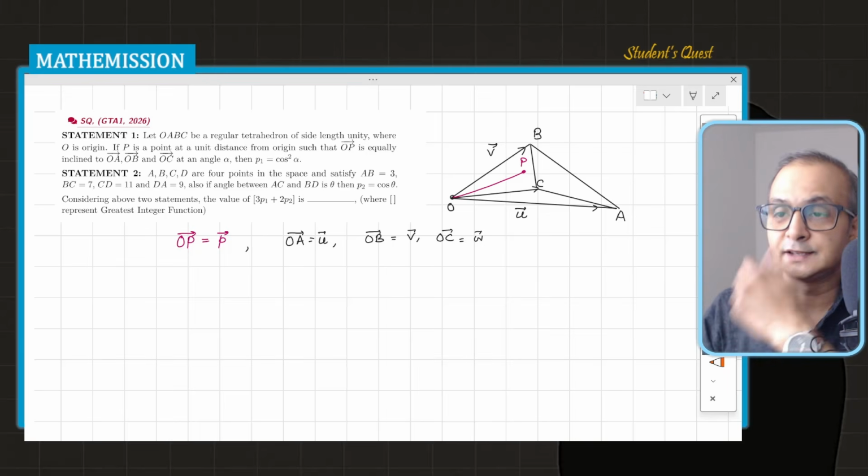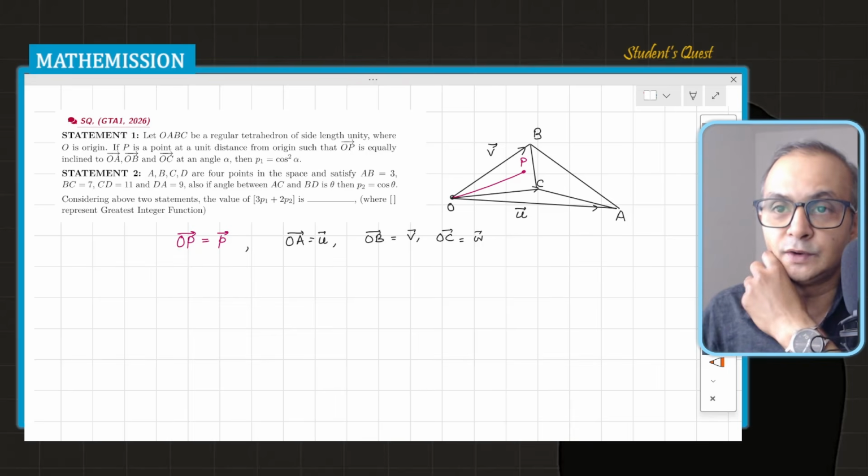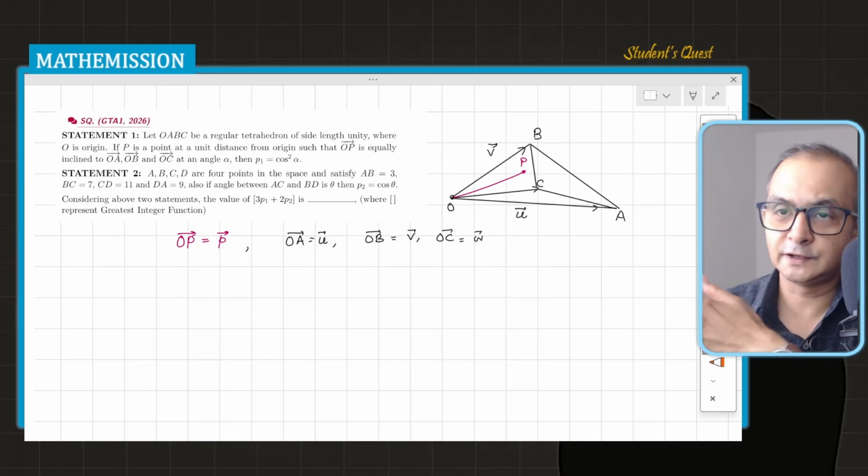Now the question tells that OP is inclined to each of these U, V, W vectors equally. And the angle between U, V, W, how do we identify?